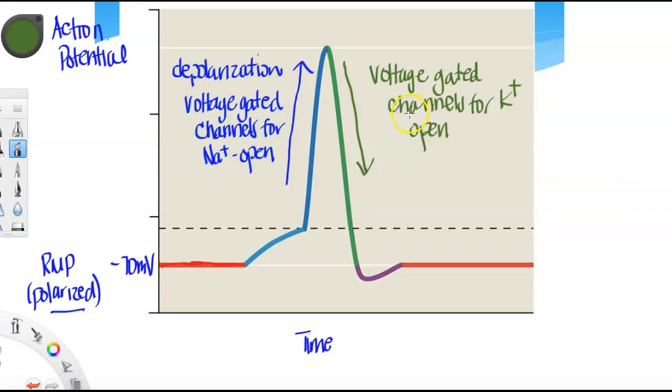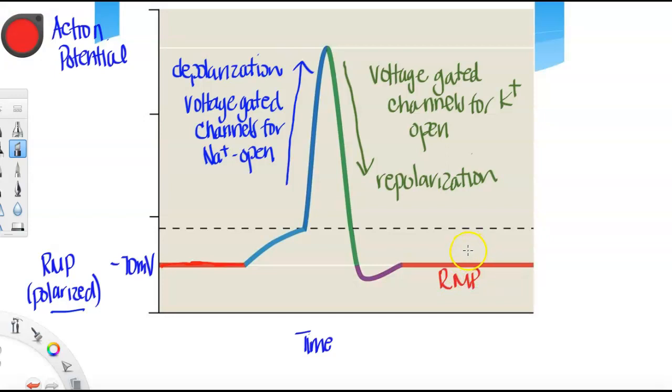Potassium leaves the cell, making the cell more negative again. So it repolarizes it, down to eventually resting. So resting membrane potential here.